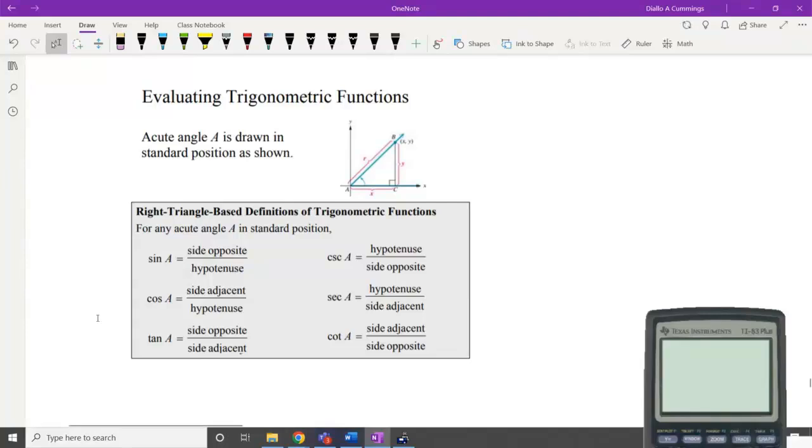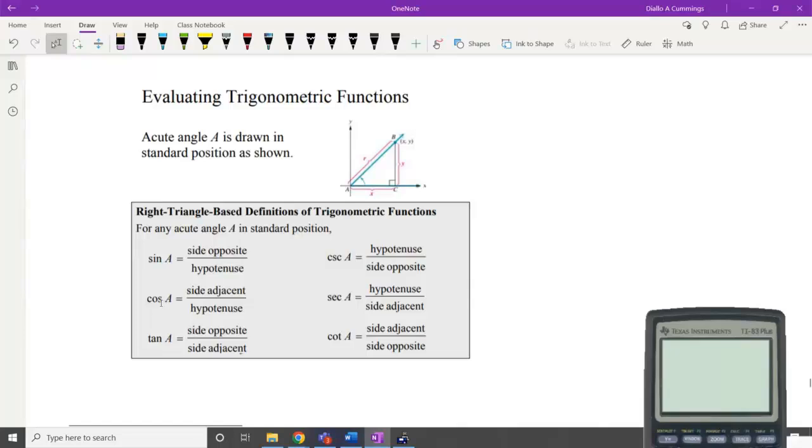If you look at the formulas next to those functions, for instance the sine and the cosecant, they are called reciprocal functions. Reciprocal functions just means you flip your fraction over. Notice that the sine of A is the opposite over the hypotenuse. The cosecant is the hypotenuse over the opposite.